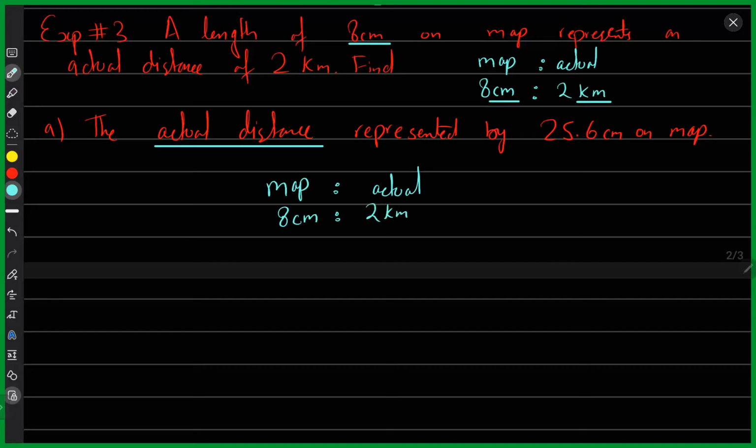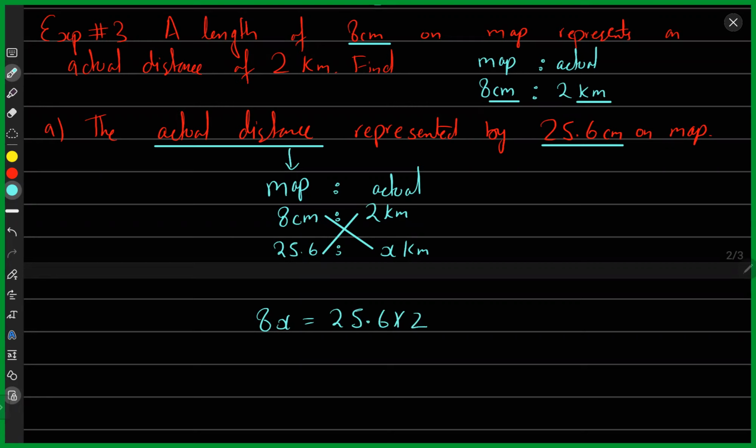You need to find out the actual distance represented by 25.6 centimeters on the map. I'll write down 25.6 over here, and actually it is x kilometers, and all I need to do is just cross multiply. So it would give me 8x equals 25.6 multiplied by 2.